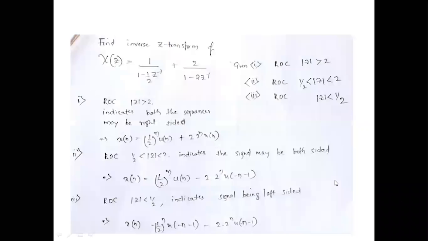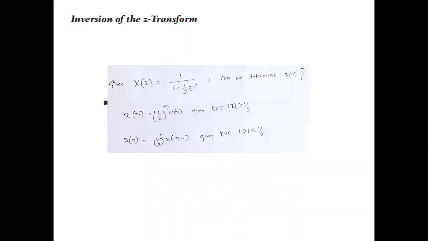So, for example, let me take you to this one. Now, here I have a question. Suppose you are given X of z equal to 1 divided by 1 minus 1 by 2 z to the power minus 1. Determine x of n is the question. So can we determine it? We know this, right?